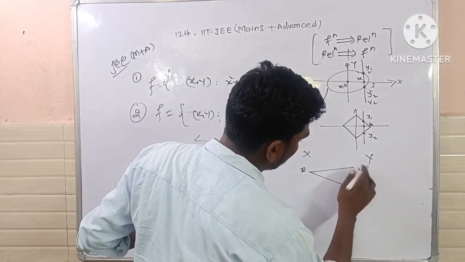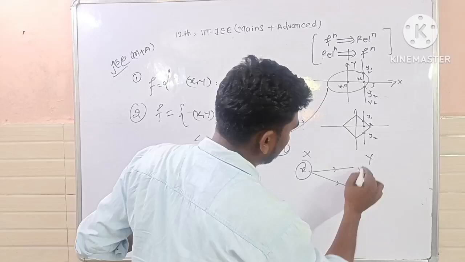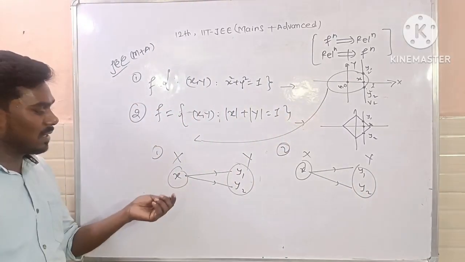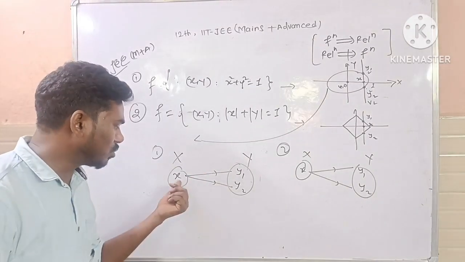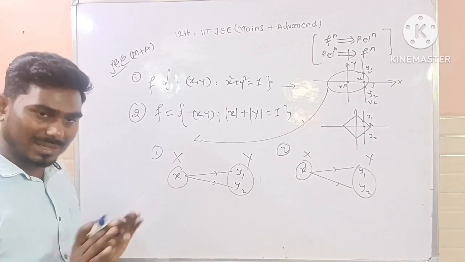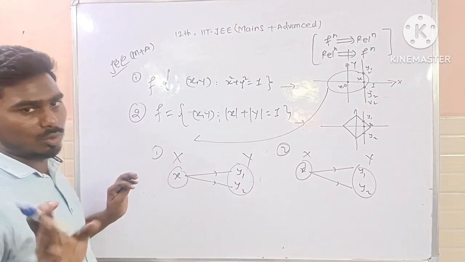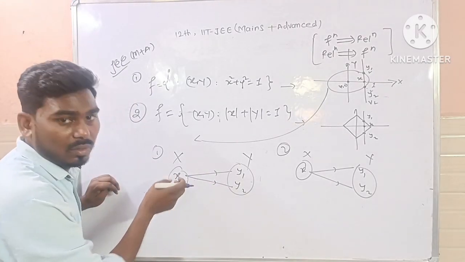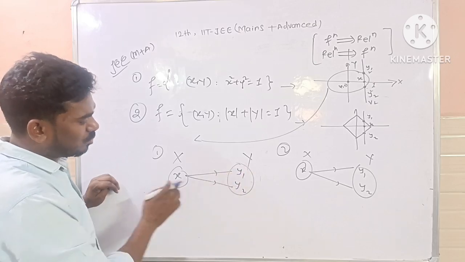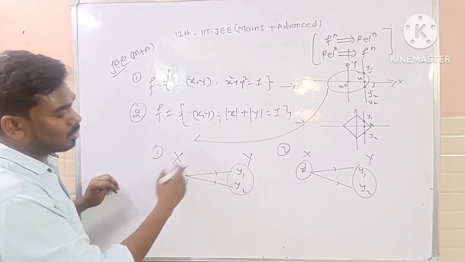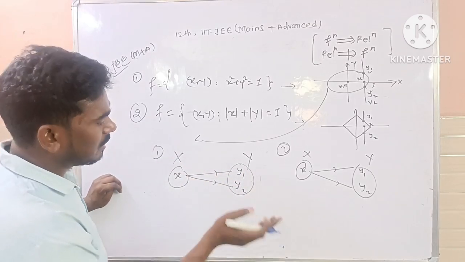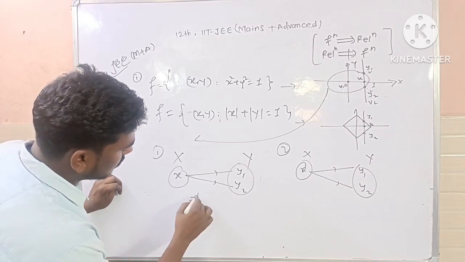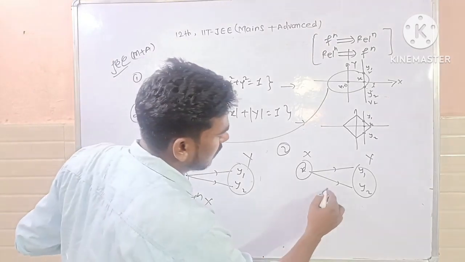So this may not be a function. Existence of the image corresponding to the pre-image is fine, but uniqueness fails, because we must have exactly one image corresponding to the pre-image. We are getting more than one image, that's why this never forms a function.